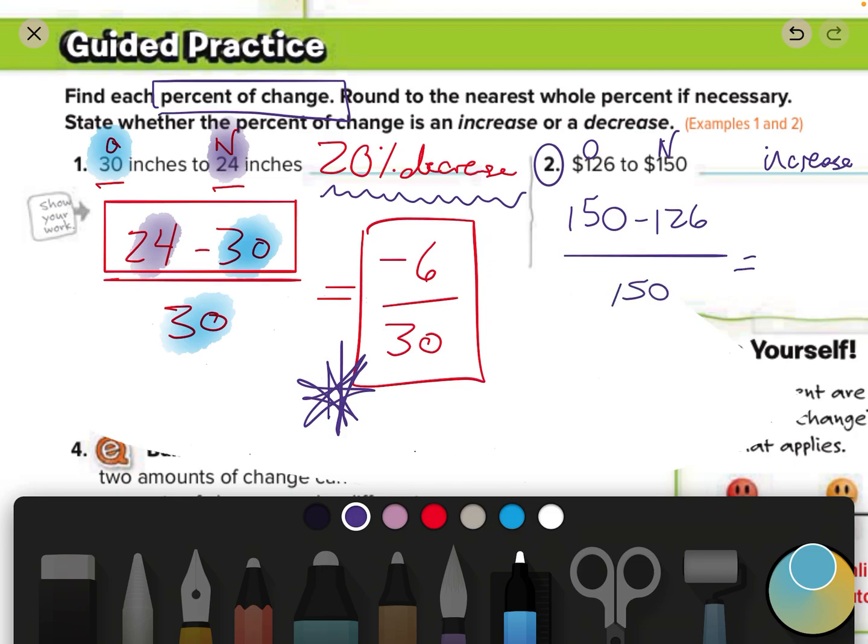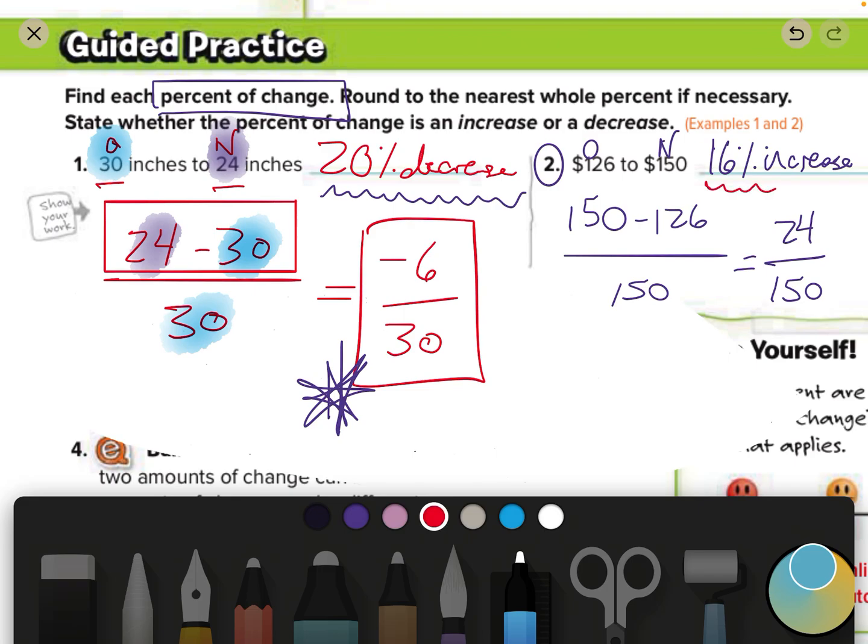Now, again, that is an increase of $24. So all you got to do is take 24 and divide by 150, which I don't know off the top of my head. There you go, a 16% increase. Okay?